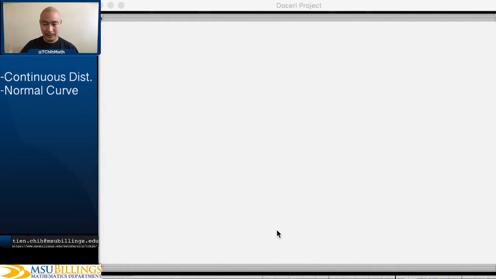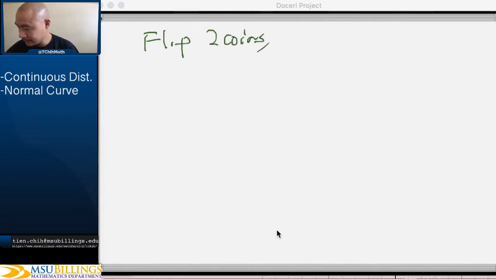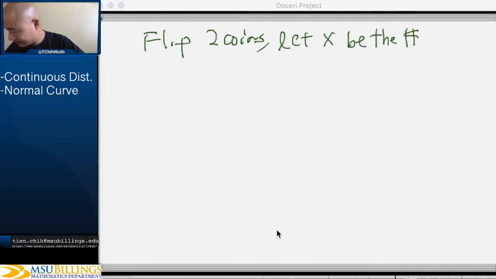And to reconcile with what we've been talking about with discrete probabilities, let's think about a concrete problem here. Let's say I flip two coins, and let x be the number of heads.